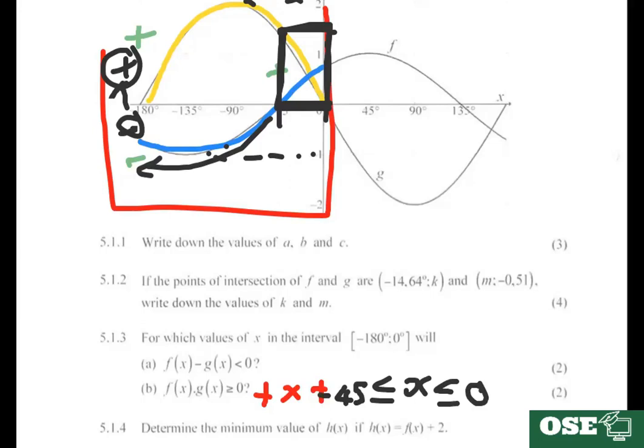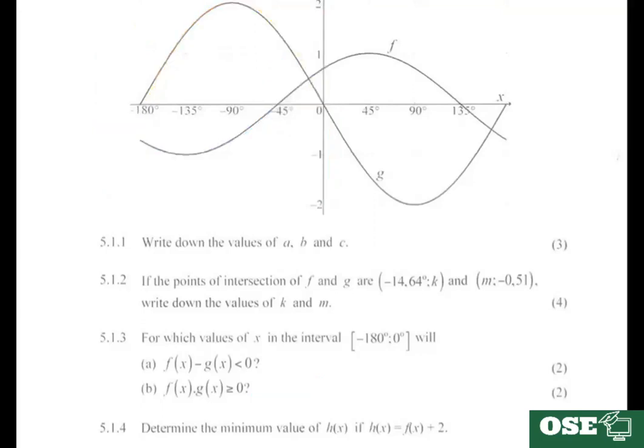Does it make sense? Only at this point in the graph are both graphs positive. If they asked us for the entire graph, we could also have used this interval, because this is another interval where they are both negative.